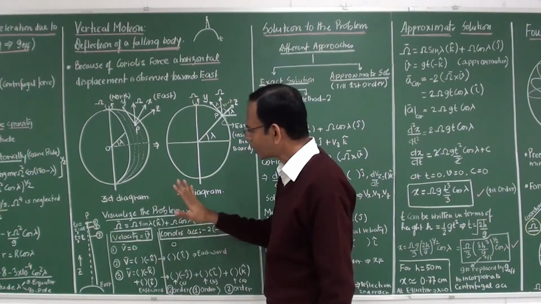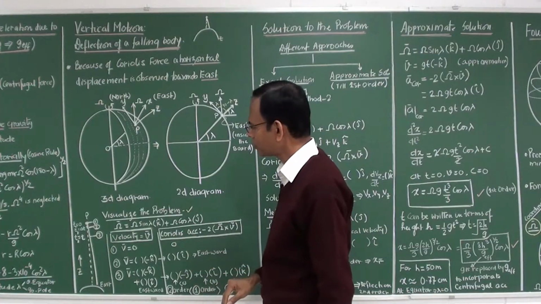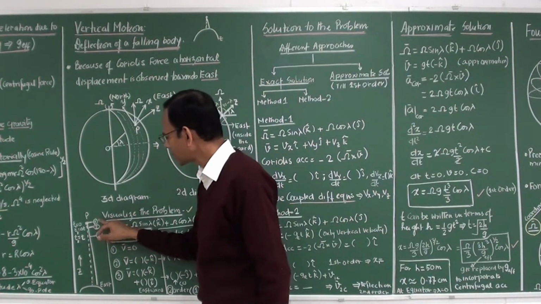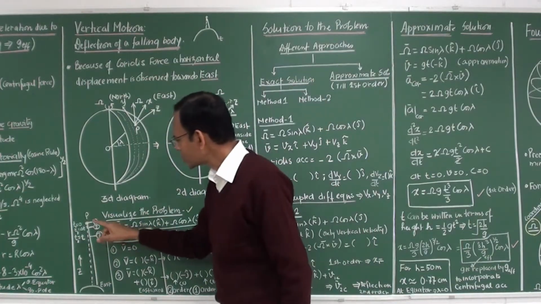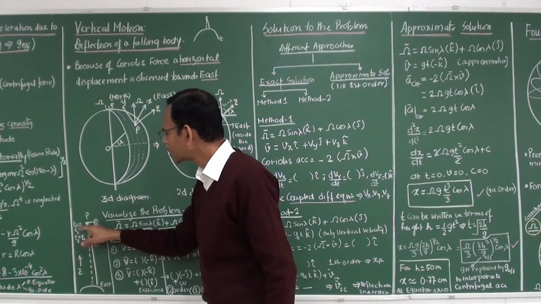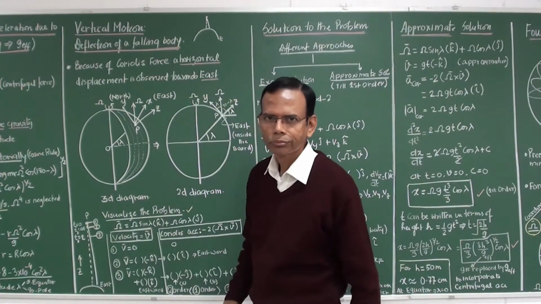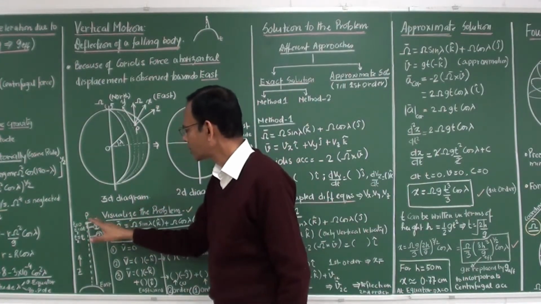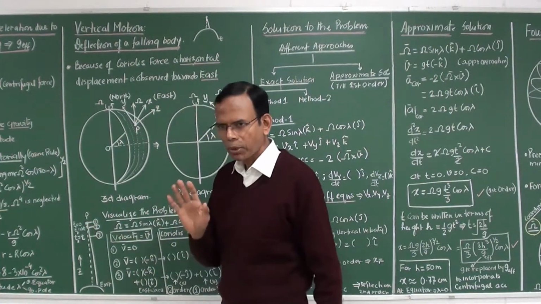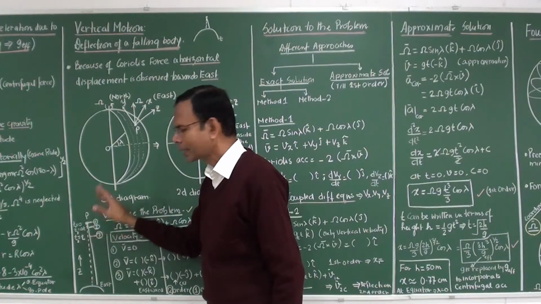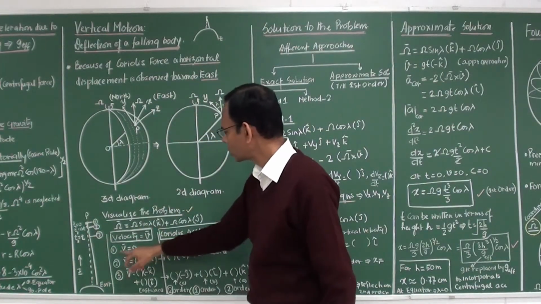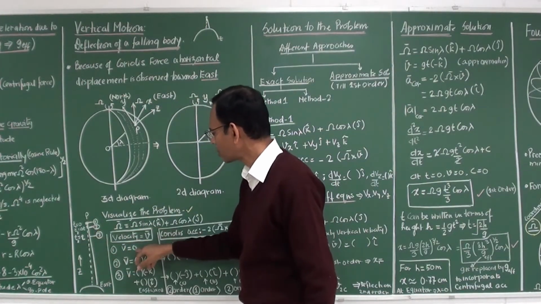Now in order to understand the physics of the problem, I have taken three different points. The first point is t1, that is t is 0, about to start. That means this particle is at rest, so V is equal to 0.